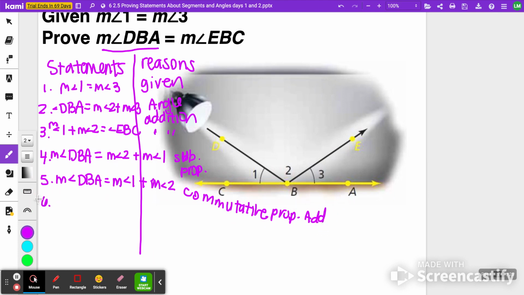So after we put all those together, then we can use the transitive property: the measurement of angle DBA is equal to the measurement of angle EBC, and that would be the transitive property of equality. Okay.